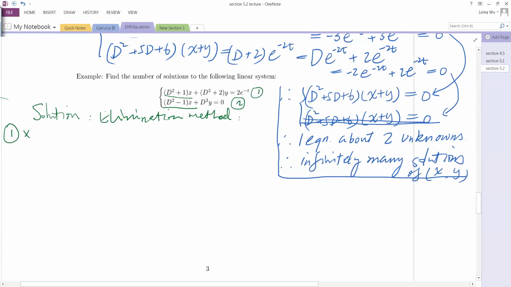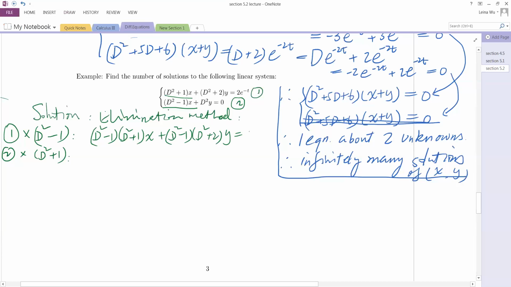So I'm going to do equation 1 multiplied by D squared minus 1, and equation 2 multiplied by D squared plus 1. So I would have D squared minus 1 times D squared plus 1 of x plus D squared minus 1 times D squared plus 2 of y equals D squared minus 1 times 2e to the negative t.